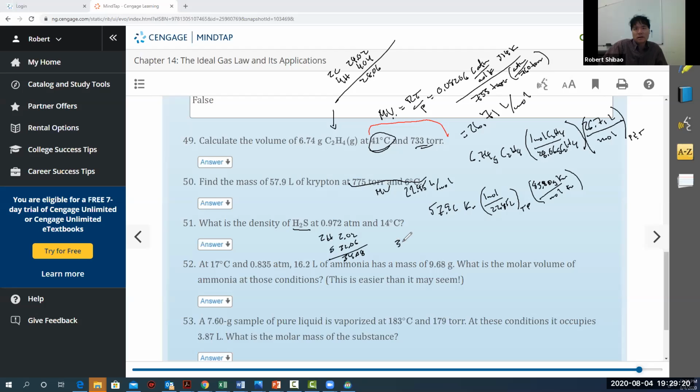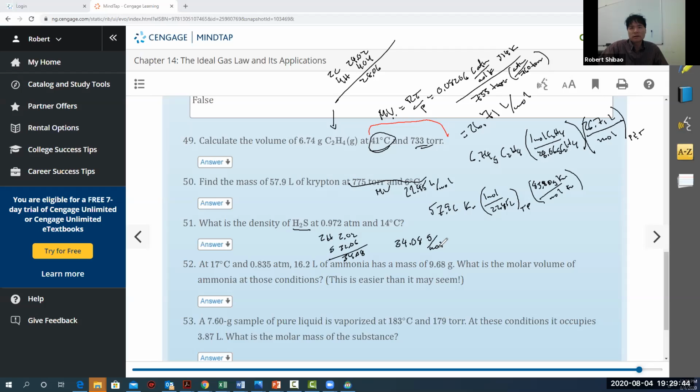And so dimensional analysis, I'm going to start off with 34.08 grams per mole. Now, the grams here is what we want for density. We want grams up in the numerator, but we don't want moles down here.